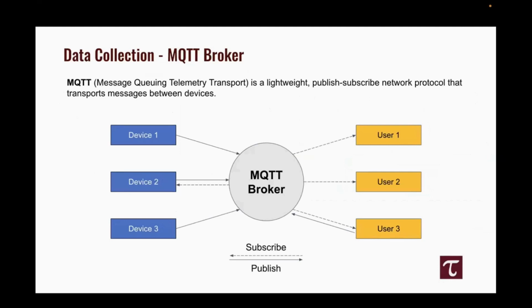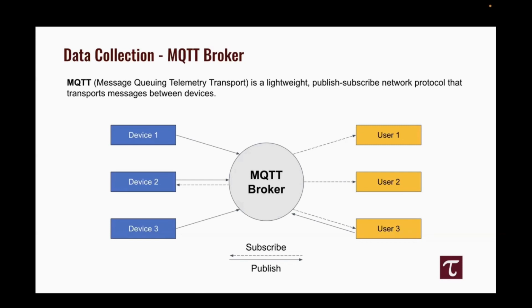Now, on the server side, assuming you have sensors there and you have the network connection already figured out, how do you collect the data? This is probably one of the best things I found in the last 2 years. We have been trying to experiment with different things.